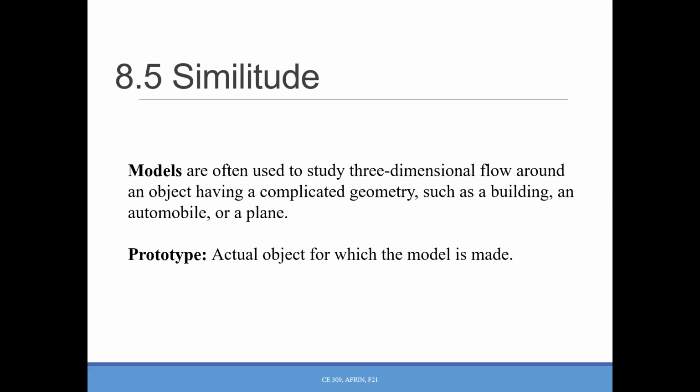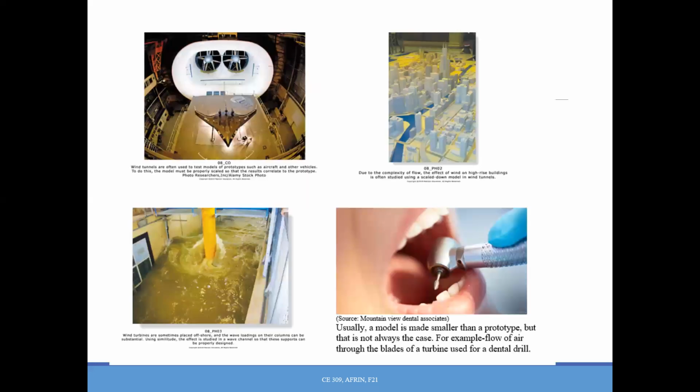So if you want to replicate results from the circular pipe to a culvert, that culvert must have a circular opening. Only then can you replicate the result from the model to prototype. So what I'm trying to say is simply that there must be some similarities or some sort of ratios, so that you can replicate the results from the model to the prototype.